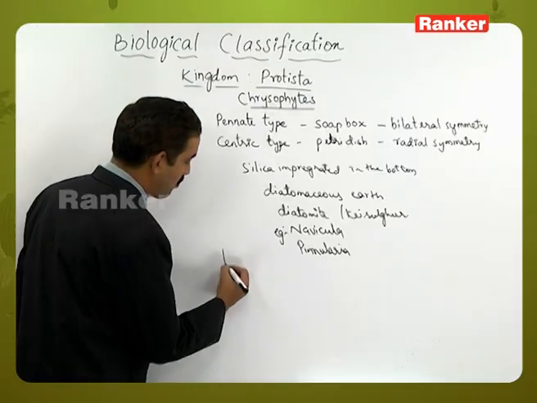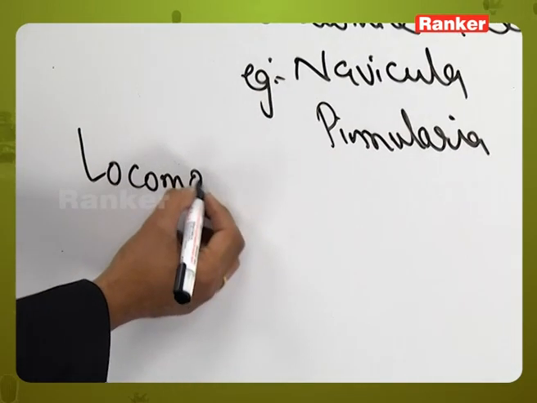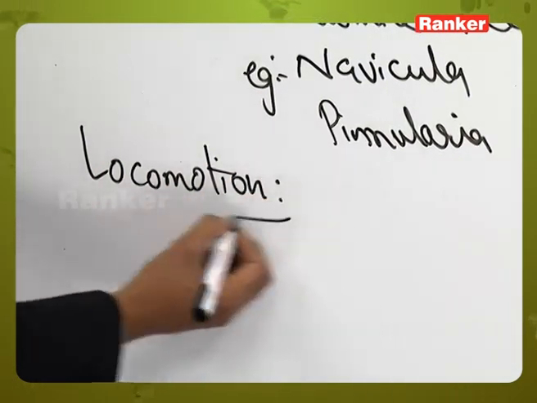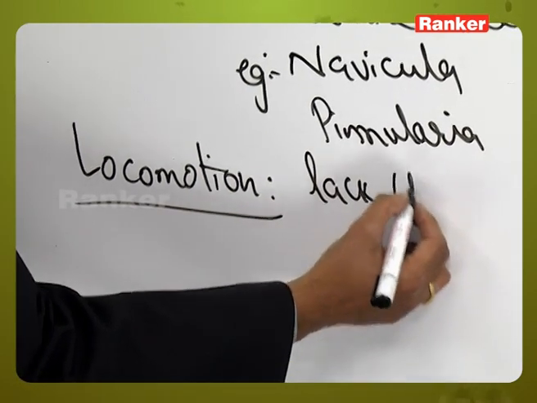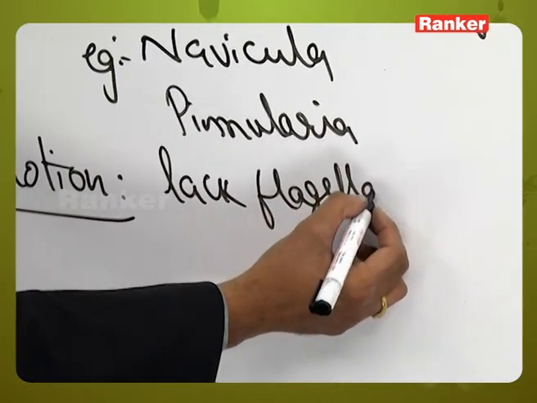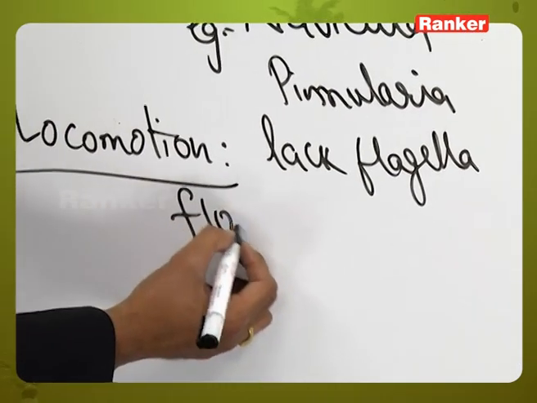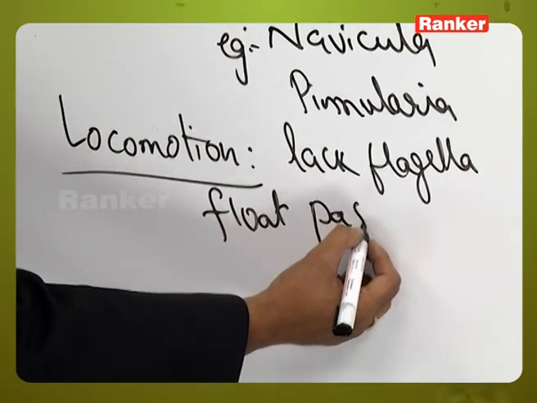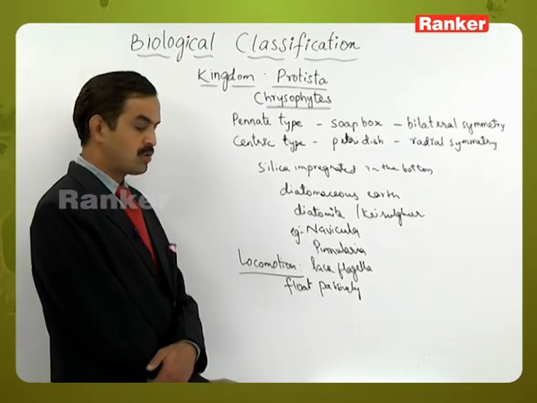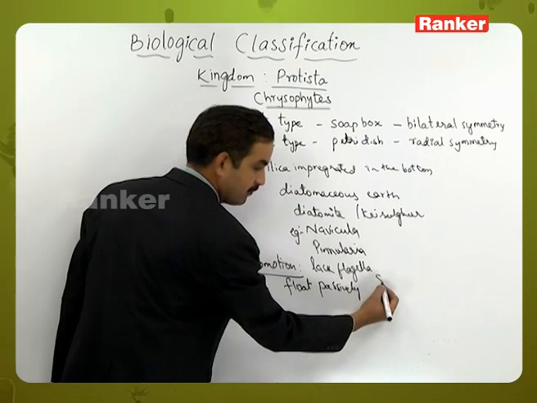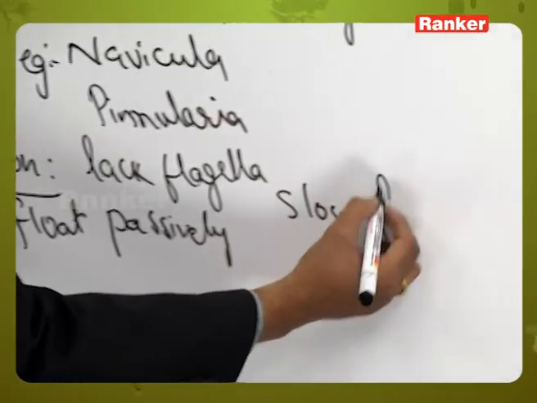Next one, the locomotion exhibited by the members of chrysophytes. Here they lack flagella and they float passively on the waters. Then they show slow gliding movements.